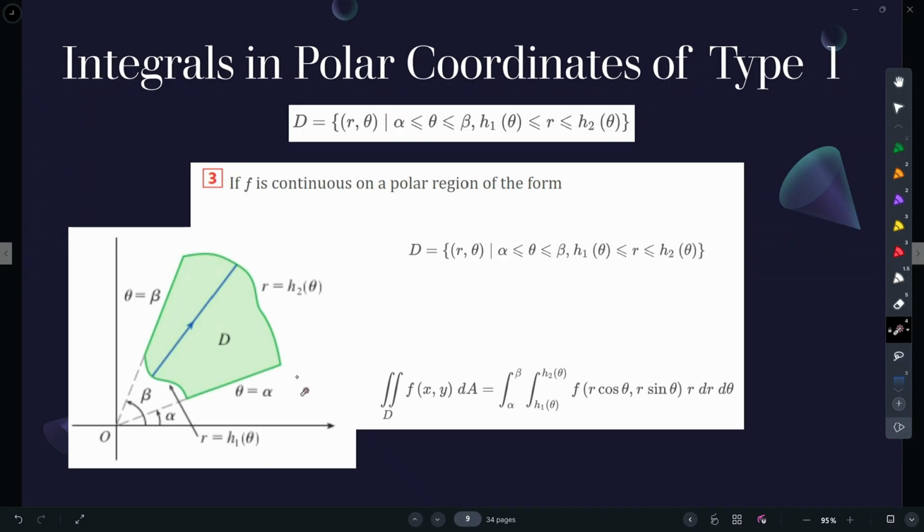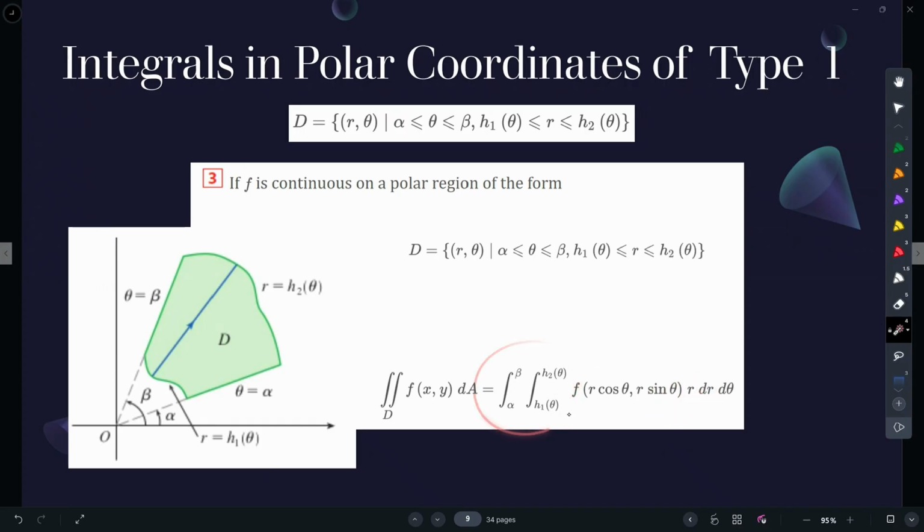So here, theta is going between two angles, alpha and beta, but the radius goes between two functions of theta. This is what we call a type 1 integral, but in polar coordinates. And we do the same thing we did before: convert the function f into r and theta, multiplied by the conversion factor r.